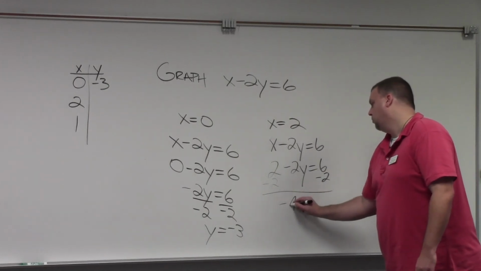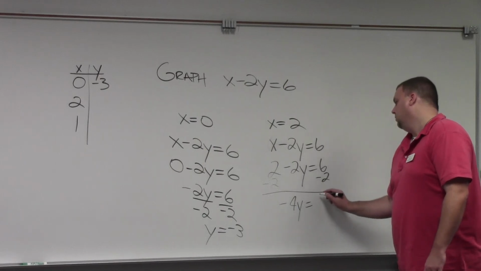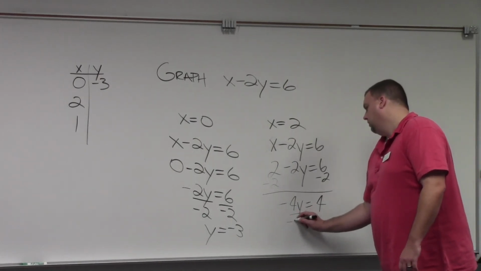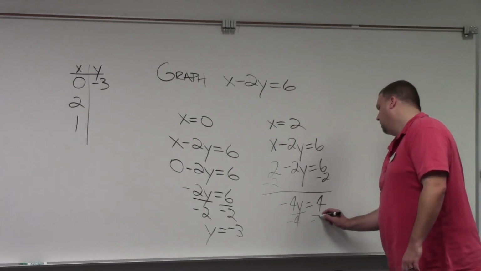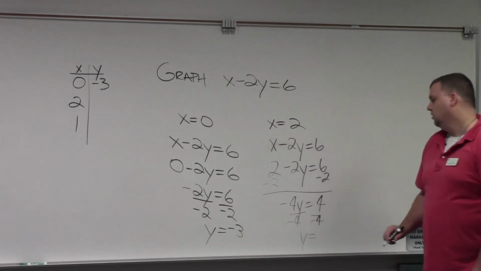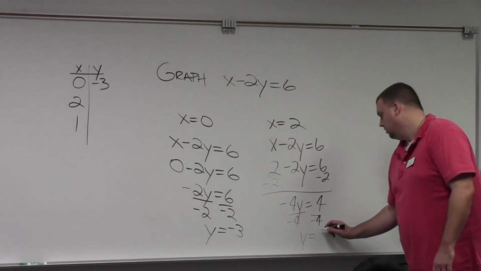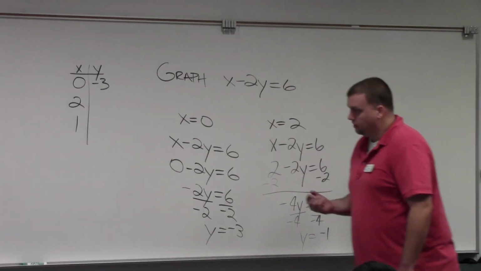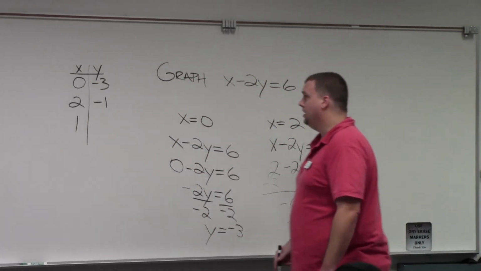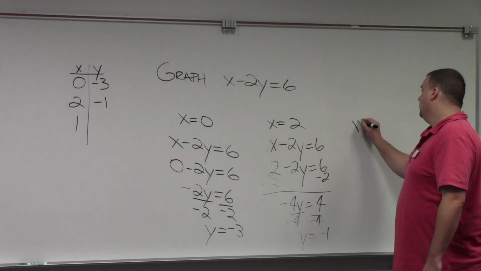So I have negative 4y equals 4. And if I divide both sides by negative 4, what do I get for y? 1 or negative 1? Negative 1. All right, I agree with the negative 1.